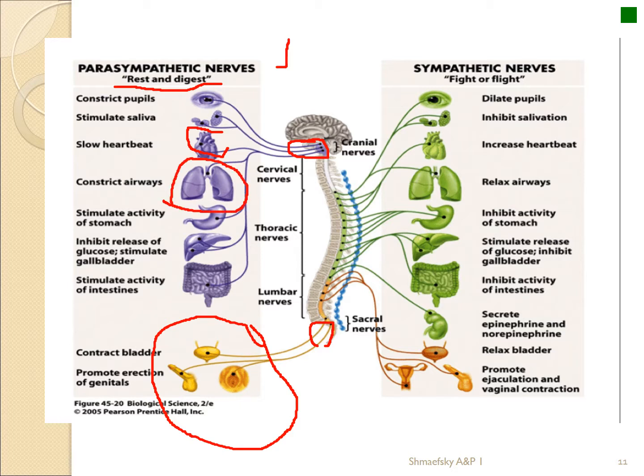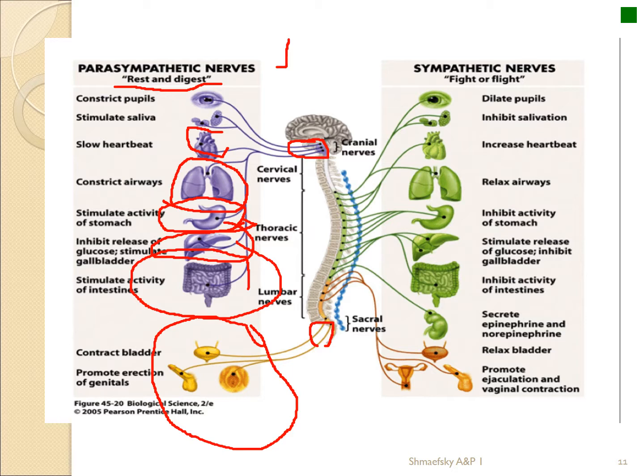That means it makes the airways a little less likely to take in gas exchange. It stimulates stomach activity, because this again is associated with digestion. It helps to regulate the liver in the uptake of glucose. And it helps to stimulate intestinal activity.